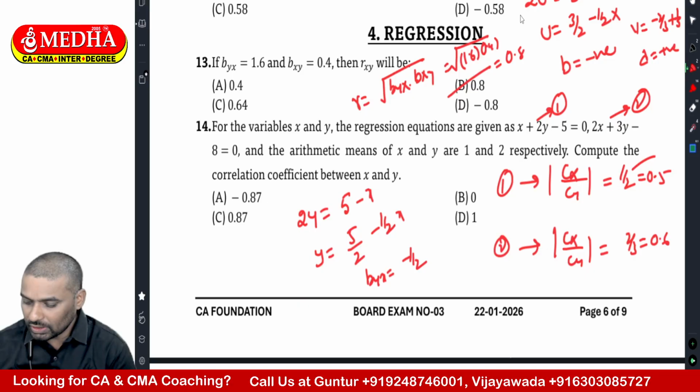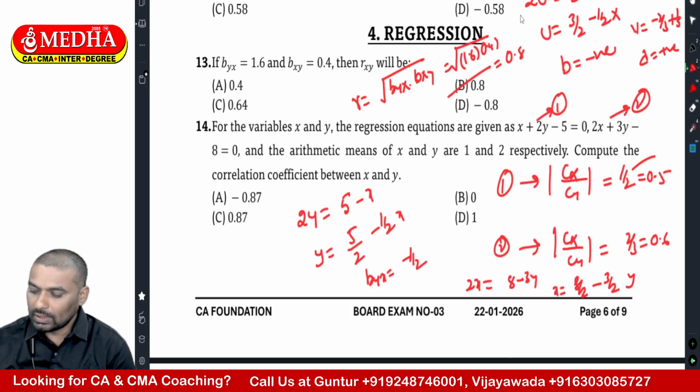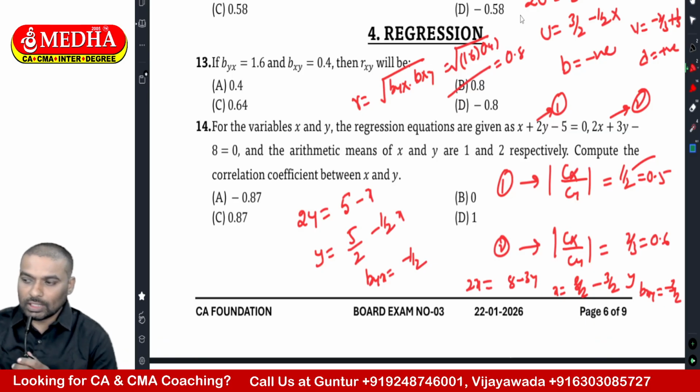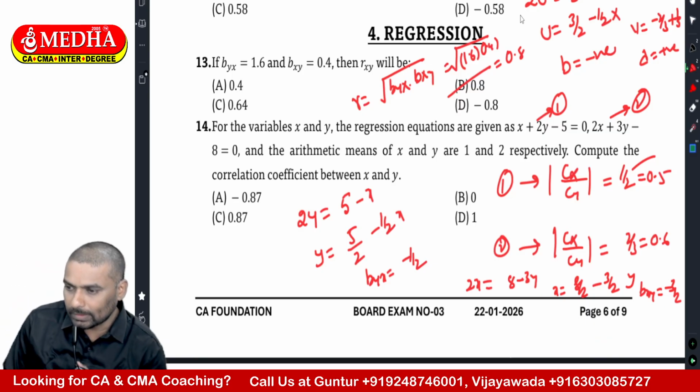For the second equation, 2x is equal to 8 minus 3y. Then x is equal to 8 by 2 minus 3 by 2y. Here bxy is minus 3 by 2. byx is minus 1 by 2, bxy is minus 3 by 2.